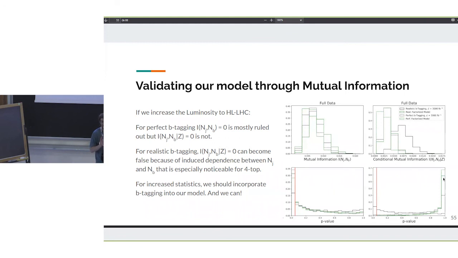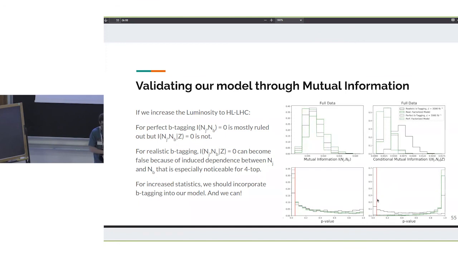That means that the mutual information is non-zero, but the mutual information conditioned on the class assignments is 0 for perfect B-tagging. For imperfect B-tagging, this is not true anymore, because imperfect B-tagging introduces correlations between the two jets, because we have some cross-pollination between the beams, basically. And this really breaks it and makes this peak appear in the low p-value range.